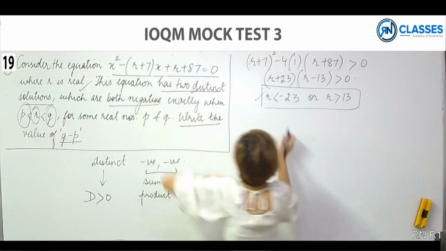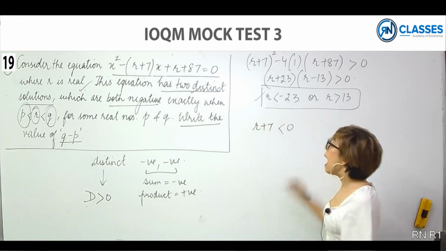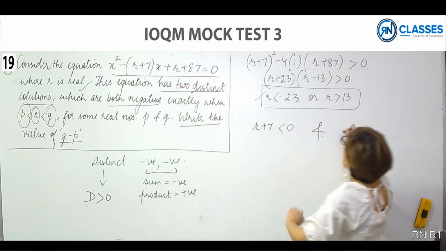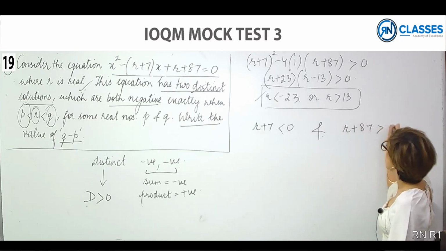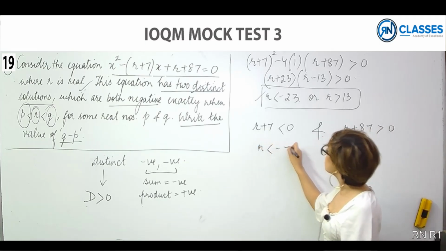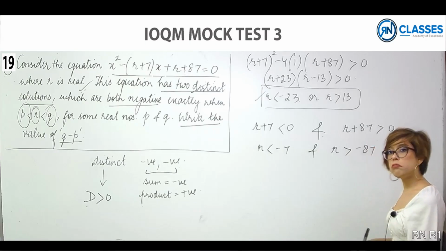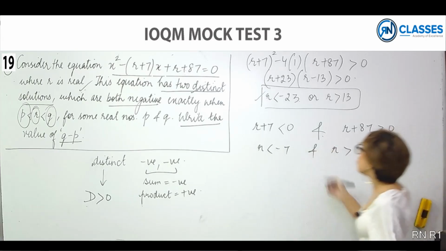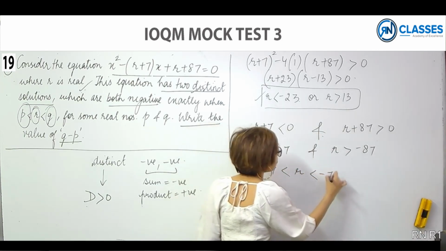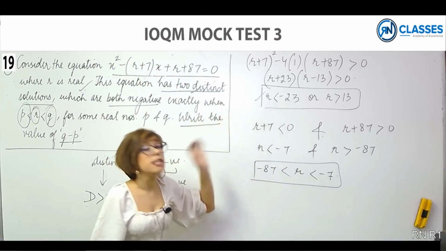The sum is nothing but r plus 7. r plus 7 is negative, that means less than 0. And at the same time, he says the product is positive. The product is nothing but r plus 87, greater than 0. From here, I can say r is less than minus 7 and r is greater than minus 87. That means if I combine the two, r lies between minus 87 and minus 7. Second condition. Both of these conditions have to be satisfied.